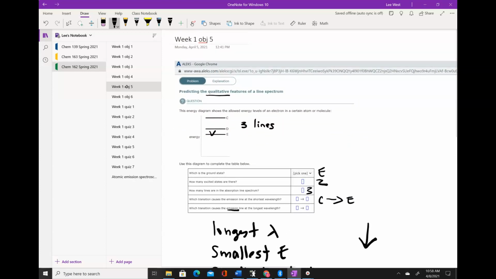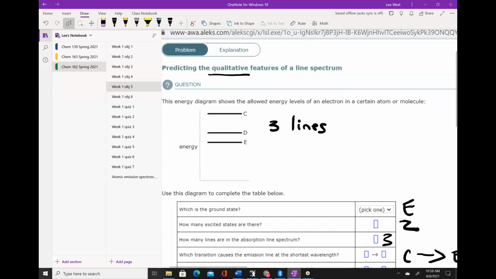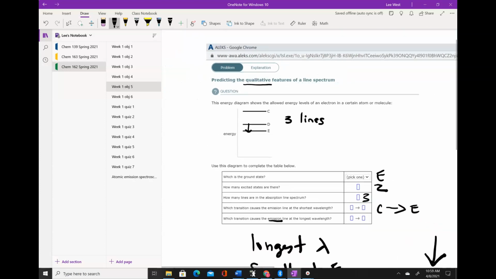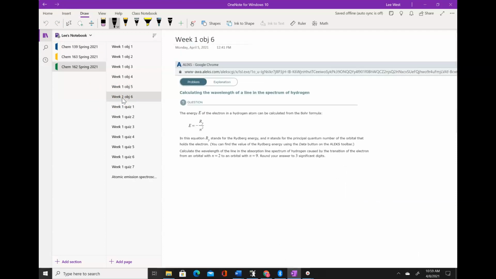So if I look here, the shortest distance that an electron could move would have to be from D to E. Okay, so that one's going to be D to E. Yeah, that's good.